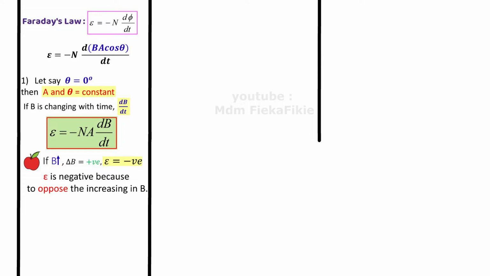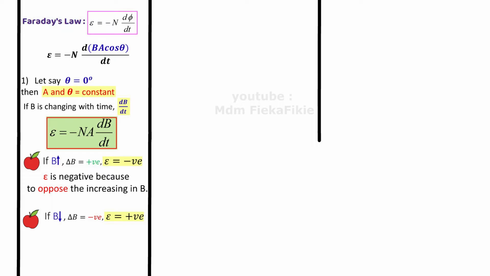Alright. So bagaimana pula jika case the magnetic field around the coil is reducing? Okay. So nilai B final akan jadi lebih kecil daripada B initial. That's mean the value of the change in magnetic field delta B akan jadi nilai negatif. Jadi bila dB ataupun delta B tadi negatif, we substitute in the equation above.